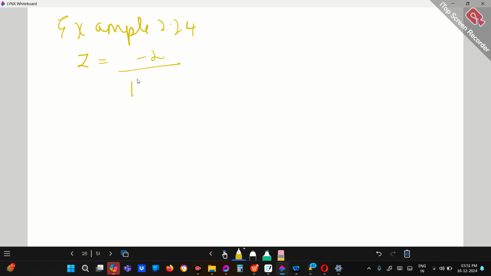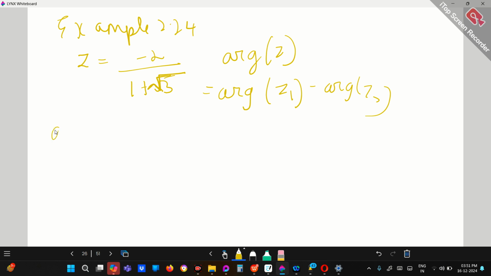Find the principal argument of minus 2 plus i root 3. We don't need to rationalize because we have a property: argument of z1 by z2 is equal to argument of z1 minus argument of z2.